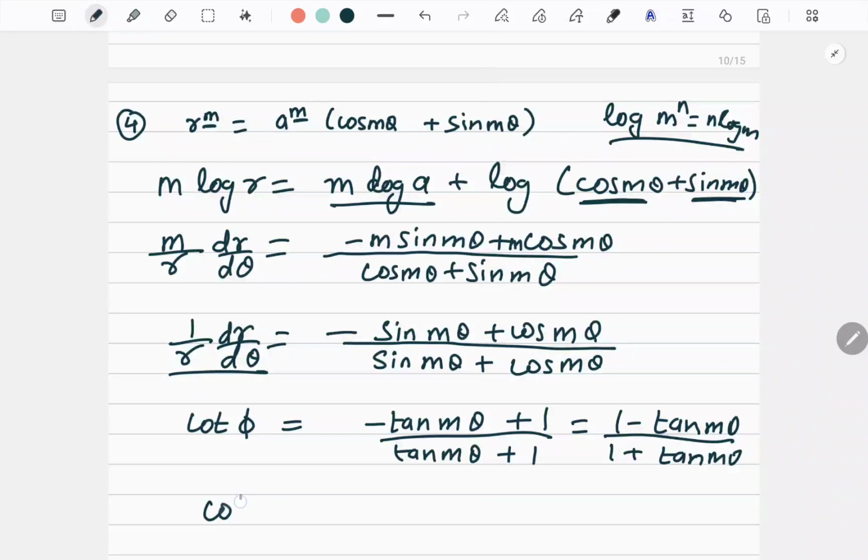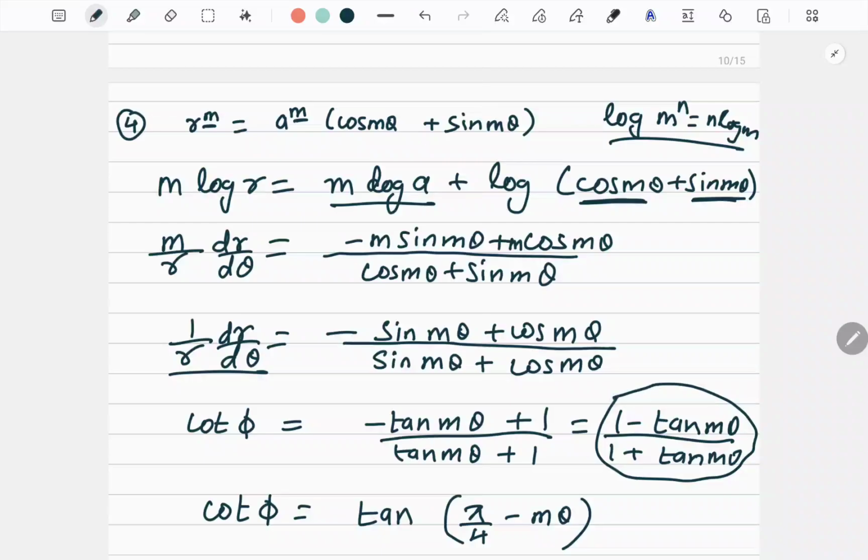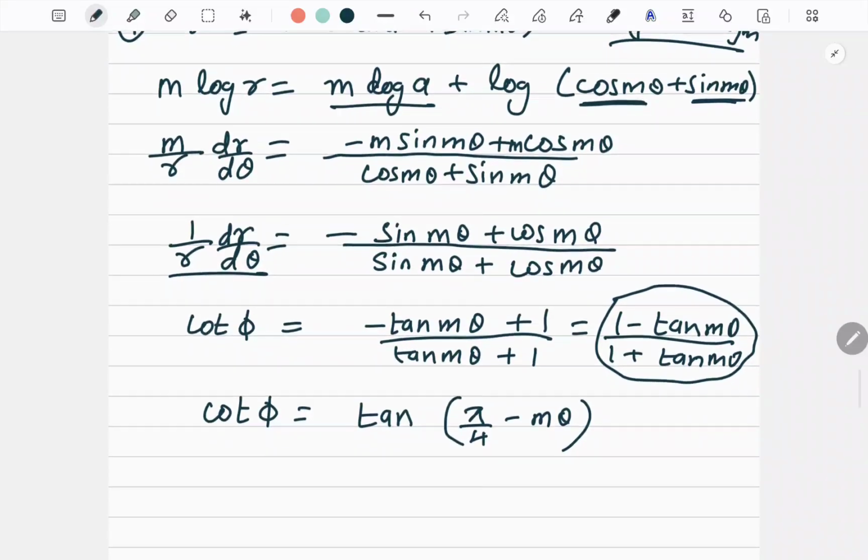And I can write cot phi is equal to tan of (pi by 4 minus m theta). Direct formula. If you are not okay with the formula, in place of 1 you can put tan pi by 4 as I did in the previous question, and you can derive it, or directly you can write the formula also. Now I have tan, but I want cot only.